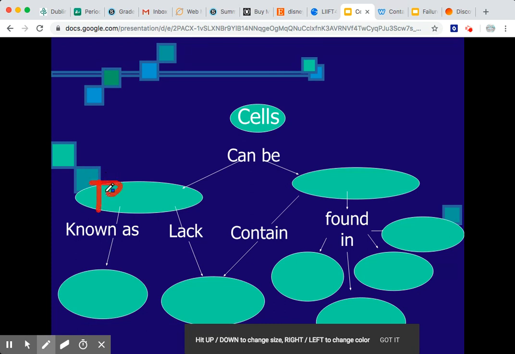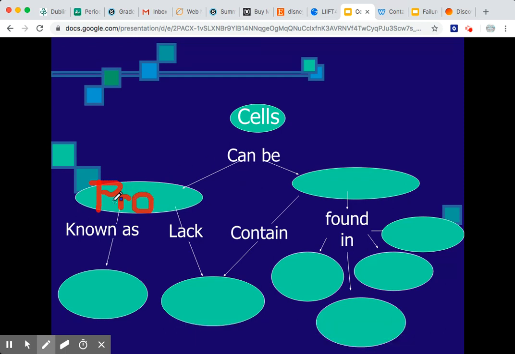And again, I'm going to abbreviate these for the sake of simplicity, but they can be broken into prokaryotes, which lack a nucleus. And again, if you think graphically, this may be a way for you to represent some of your thoughts in your notebook if you wish.